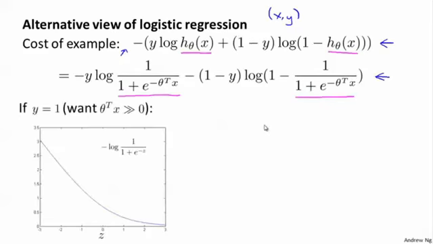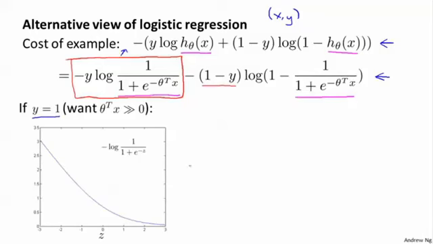Now, let's consider the two cases of when y is equal to 1 and when y is equal to 0. In the first case, let's suppose that y is equal to 1. In that case, only this first term in the objective matters, because this 1 minus y term will be equal to 0 if y is equal to 1.